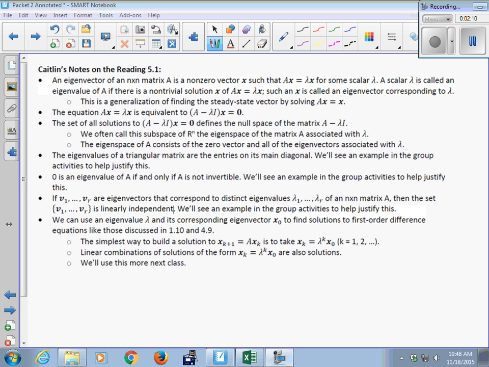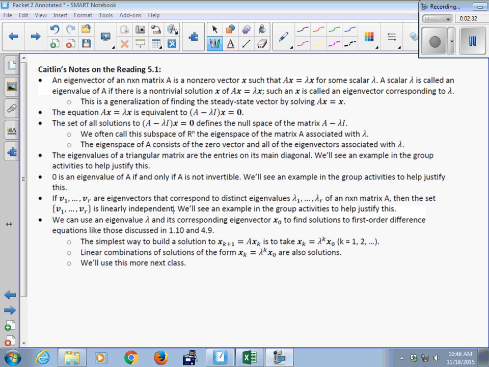If you are lucky enough to have a triangular matrix, its eigenvalues are its diagonal entries. No, that's the determinant. We're just trying to find eigenvalues, the lambdas. The lambdas are just the entries on the diagonal.